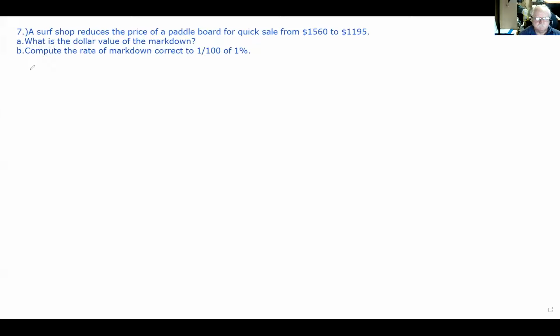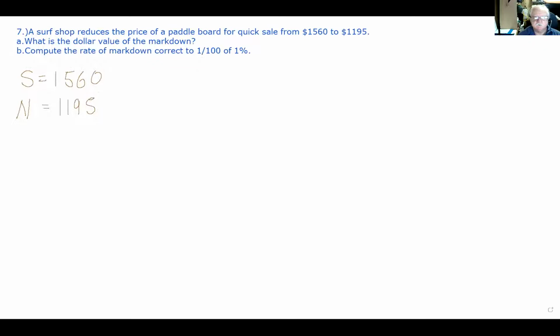We know the regular selling price of 1560, and we know the sale price of 1195. So this is basically our net price of 1195.